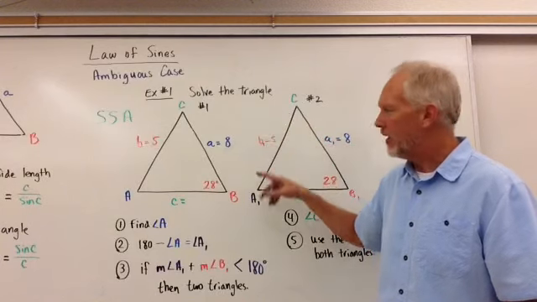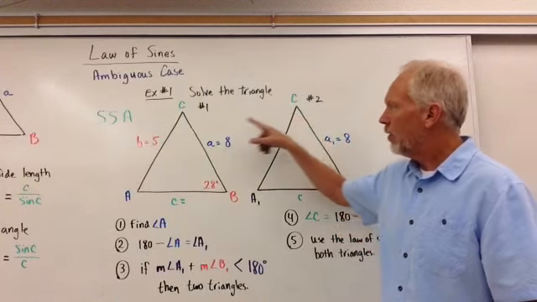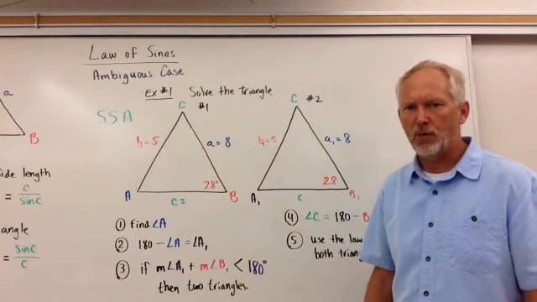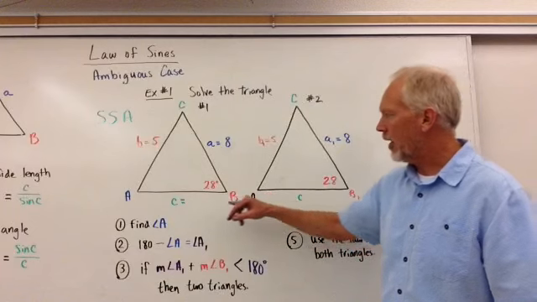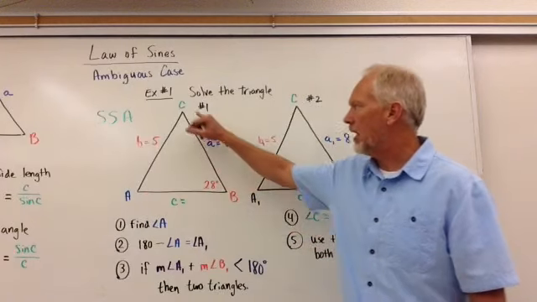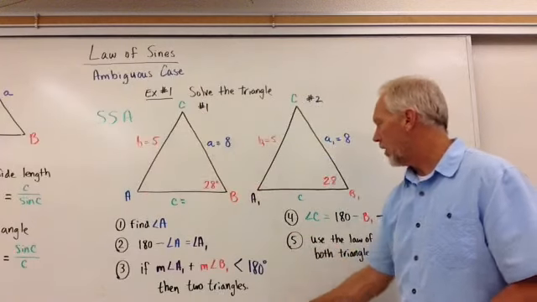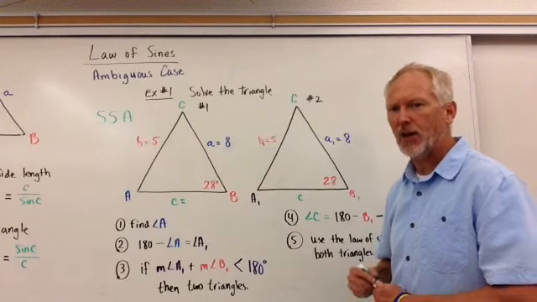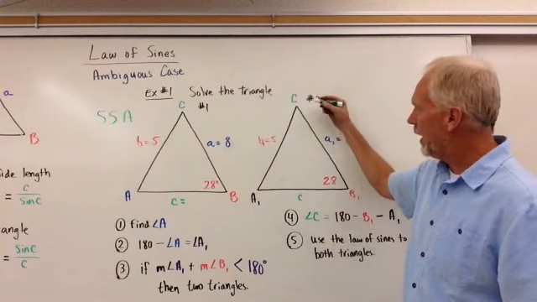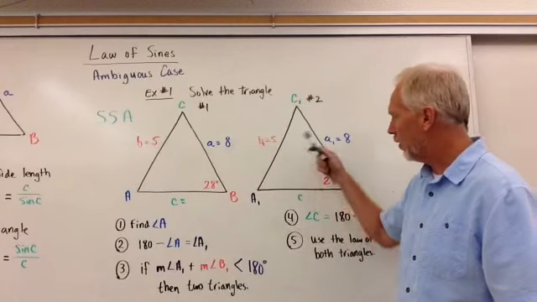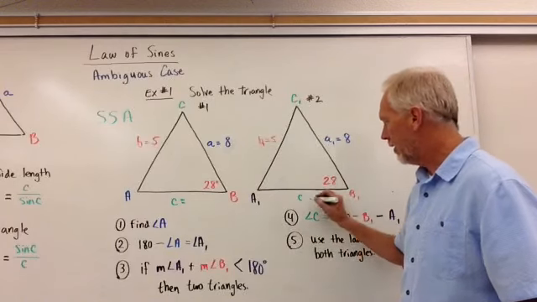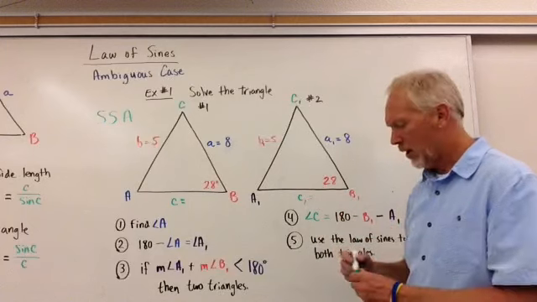The only thing that might change is the value of A or C, because they will adjust accordingly. So one triangle I label A, B, and C, and the other triangle I label A sub 1, B sub 1, and C sub 1, and then their corresponding sides.